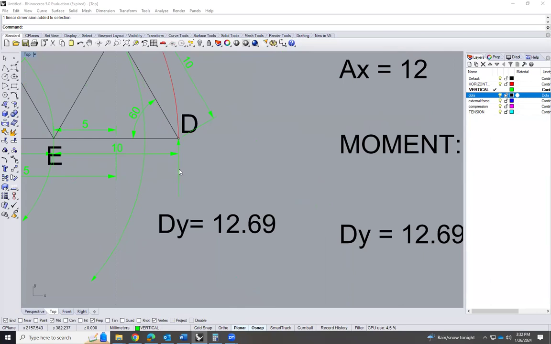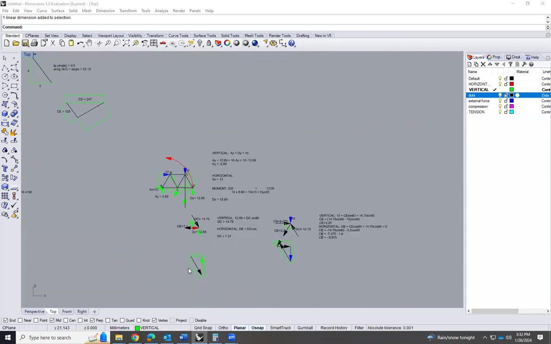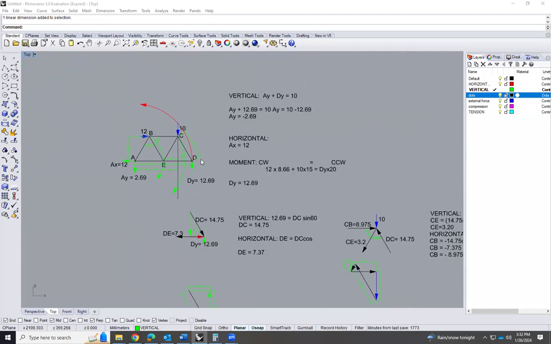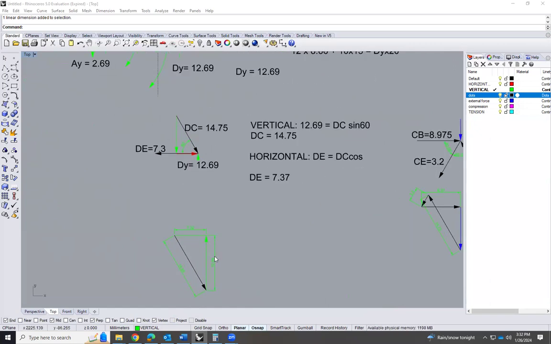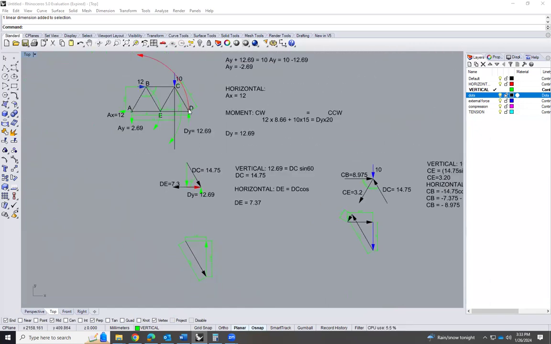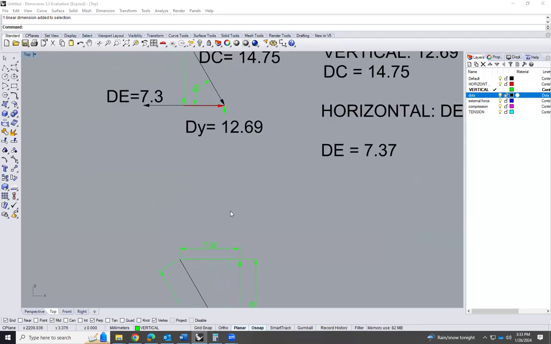Imagine that we are doing the same thing with this one. Okay, so what do we have here? We have this force. It goes up from this point. It goes up 2.69. Then the following bar is this one, is DE, and DE is 7.3.